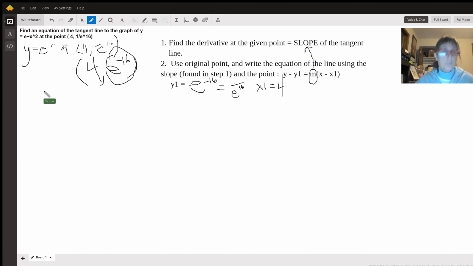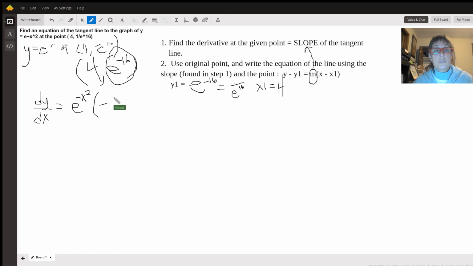So the first thing we need to do is take the derivative of y with respect to x, and we're going to need a chain rule because that's not a plain old x. But the derivative of e to the anything is just e to the original anything. And then the chain rule says we need to multiply by the derivative of this power, of this anything.